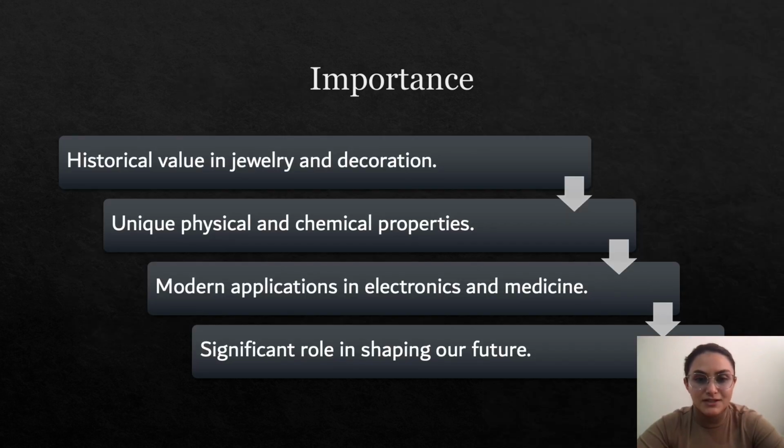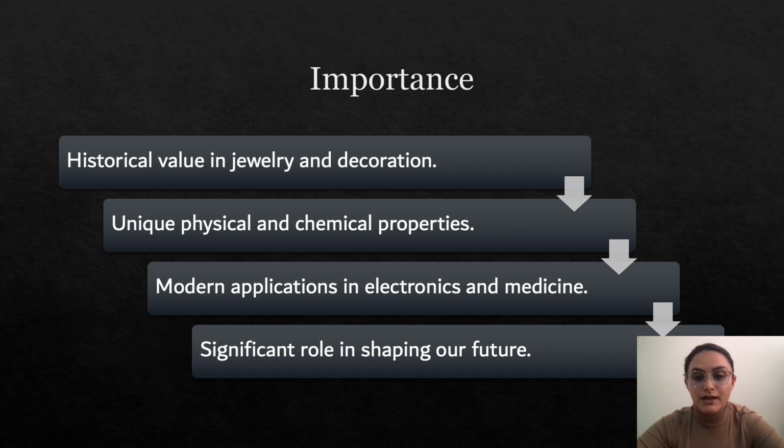The importance of silver lies in its versatility and unique properties, which have allowed it to serve a variety of purposes throughout human history. Its shimmering beauty has made it a sought-after material for jewelry and decorative items, while its physical and chemical properties have led to its use in modern applications such as electronics and medicine. Additionally, silver's occurrence in nature and extraction methods provide valuable insights into the Earth's geology and mining practices.